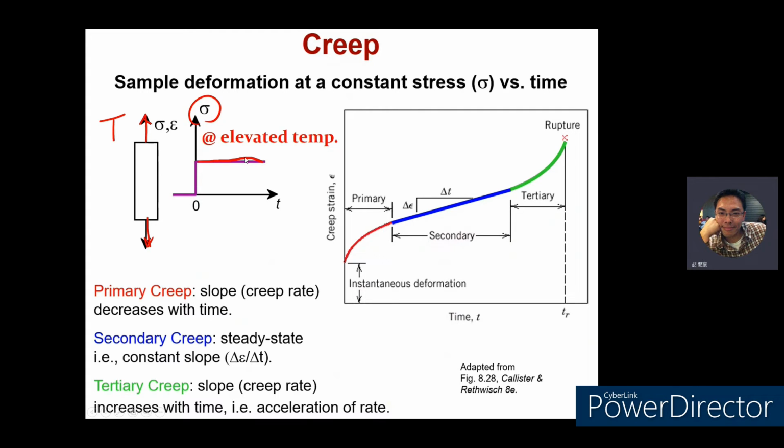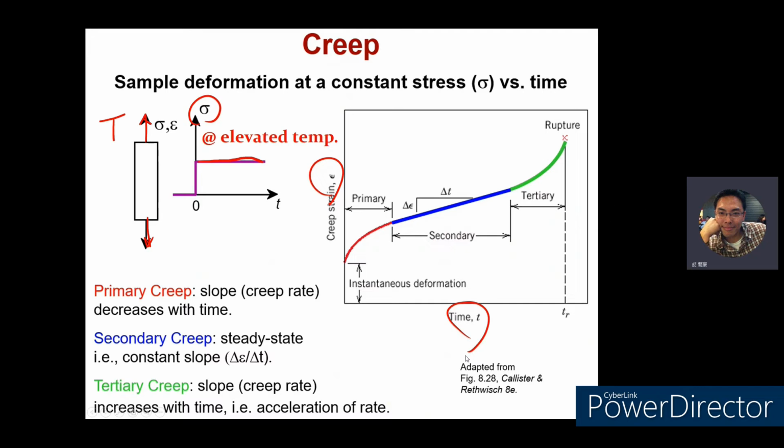Therefore we can measure the sample's creep behavior by applying a tensile test at an elevated temperature, and we can measure its strain versus time. We will get a curve like this.